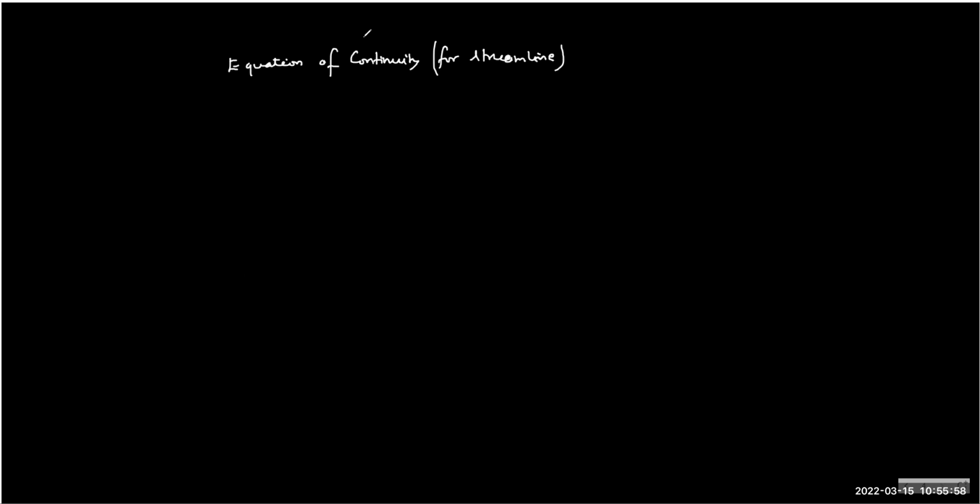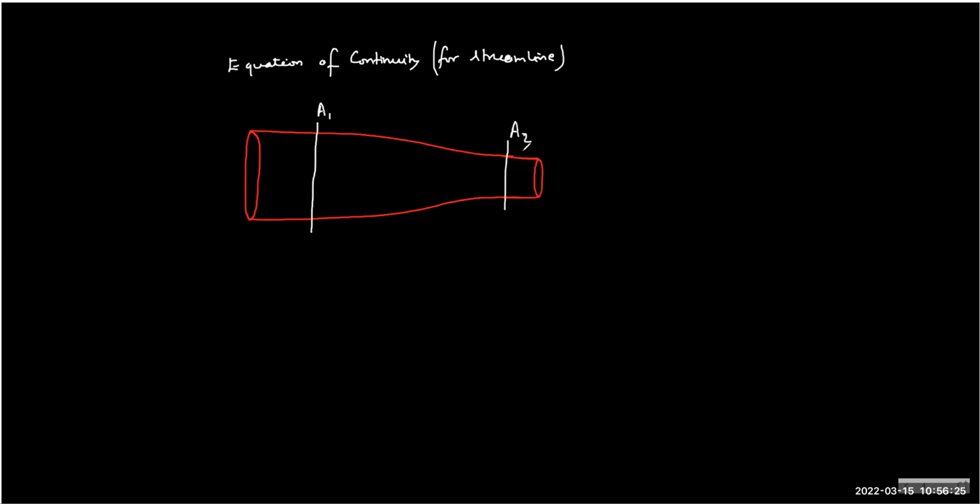So if we have a variable cross section, and the liquid is flowing, with cross-section area A1 here and A2 here, and velocity V1 here and V2 here, because our liquid is incompressible, imagine the liquid only between the two cross-sections.